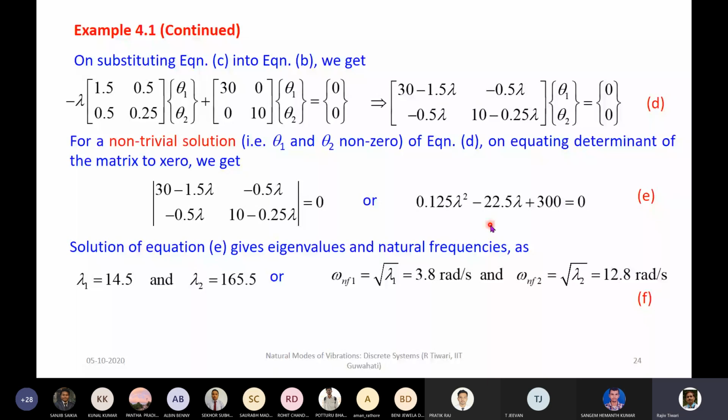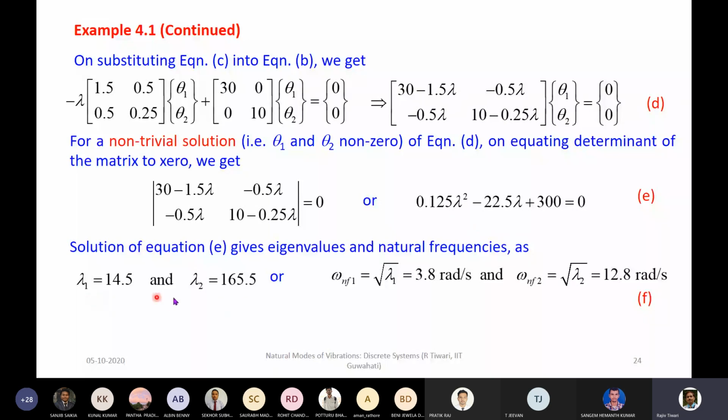If we have 3 degrees of freedom, this will be a 3rd-degree polynomial. If we have n degrees of freedom, the degree of the polynomial will be n. Here, because this is simple by hand calculation, we can obtain lambda 1 and lambda 2, the two roots of this polynomial.